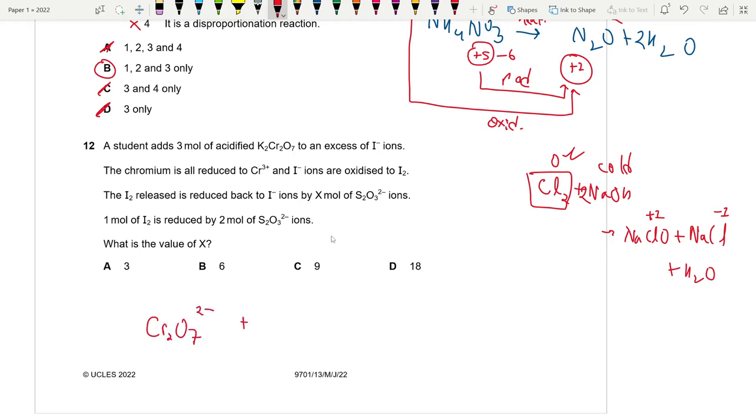It reacts with an excess of iodide. The chromium is reduced to Cr3+. We have H+ as well. This solution needs to be acidified or it won't work. And the iodide is converted to iodine.